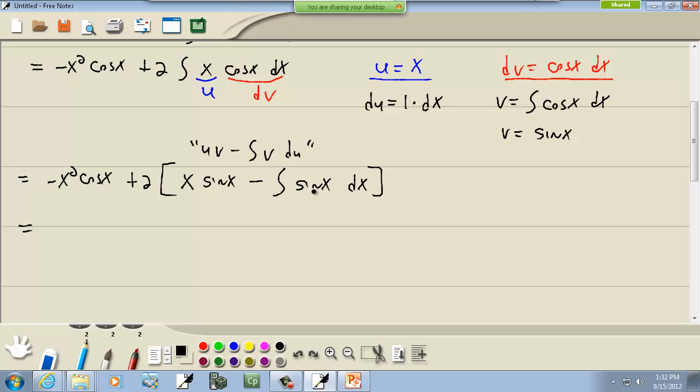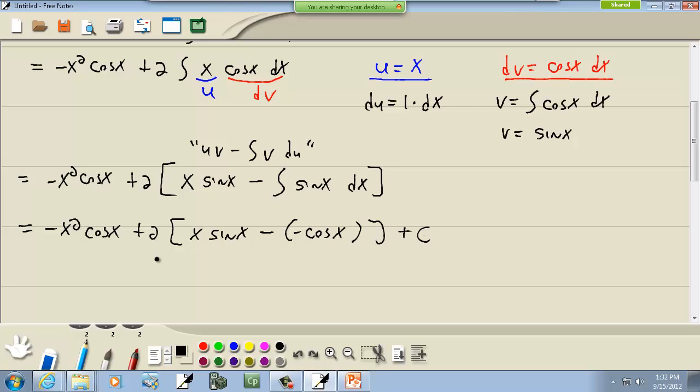Well, now we're down to the integral of sine x, and I can find that without too much fuss. So again, this is 2 times this. Now the integral of sine x gives us negative cosine x.